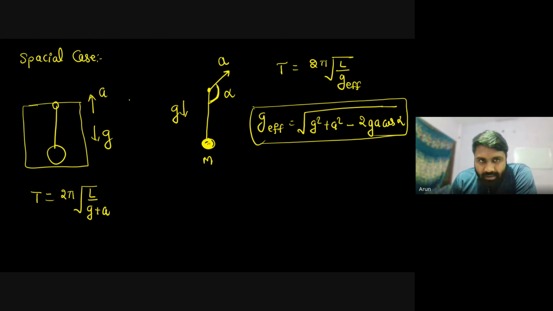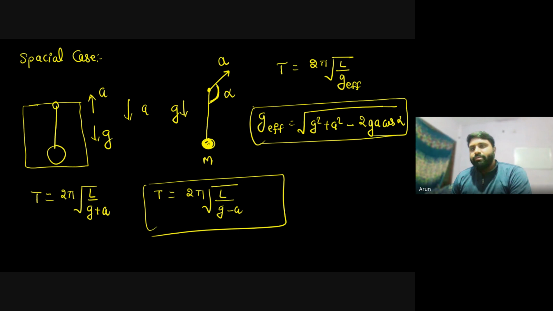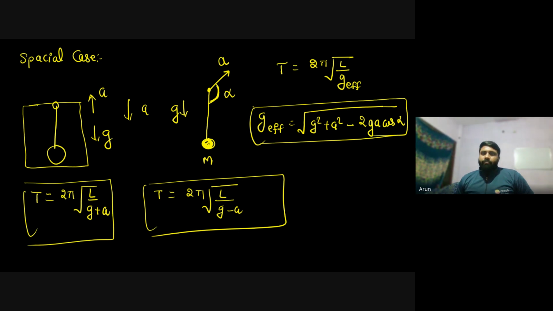If it is going down with acceleration a, the time period will be 2 pi root L upon g minus a, or a minus g, based on whichever is greater. Okay. So these two cases you can mark important.